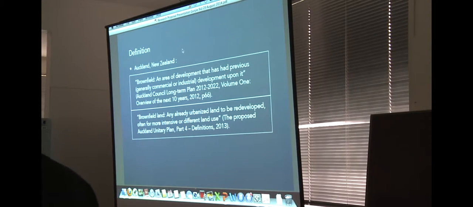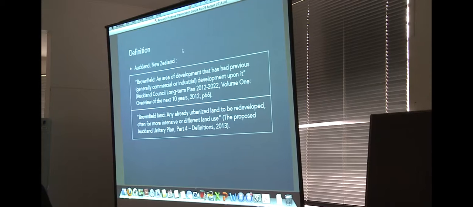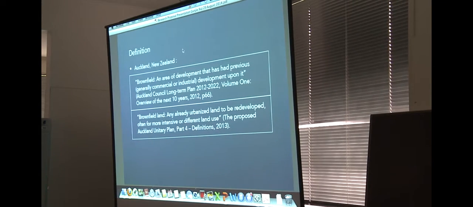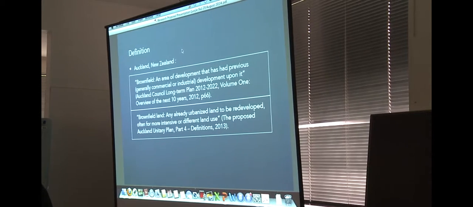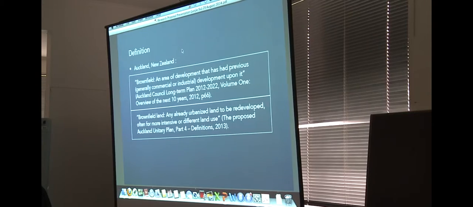Auckland Council also gave a definition, which is close to the UK one, but it gives more detail about how to use it intensively and for different purposes.